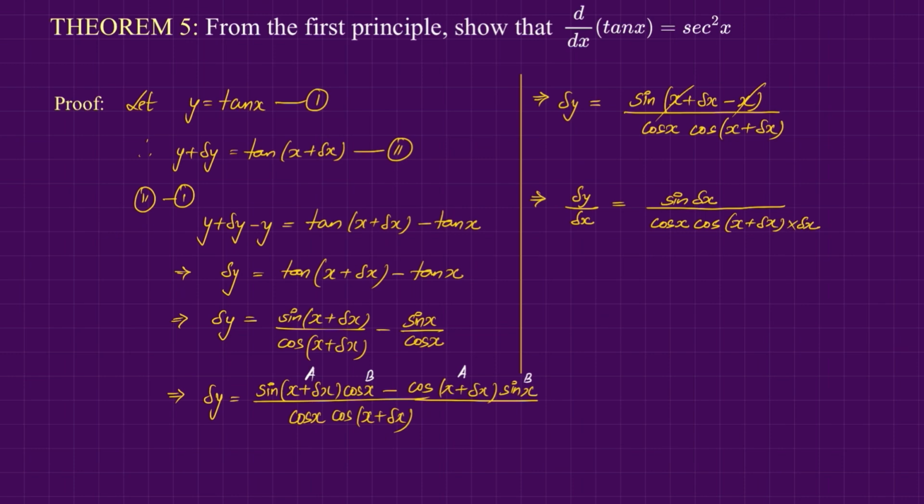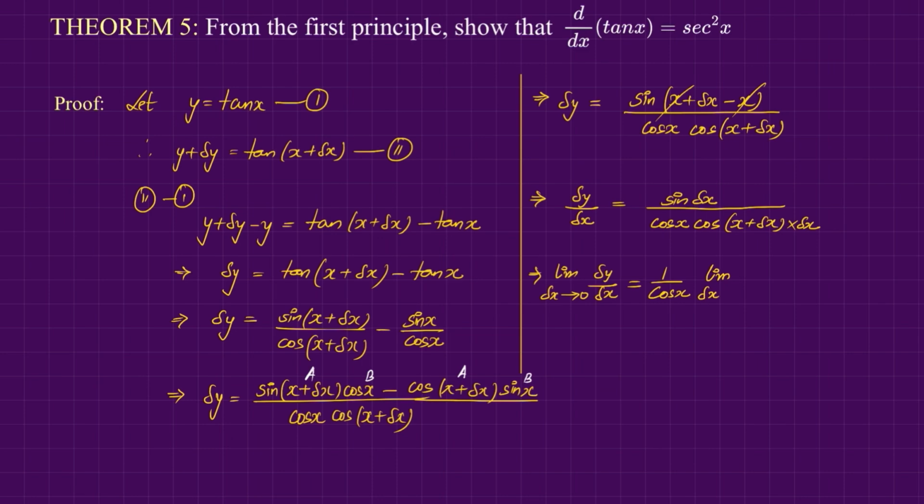Okay, so let us put the limit here. It will be limit delta x tends to 0 of delta y over delta x equals, now if you notice here in the denominator, this cos x is acting as a constant, so let me write this in front. So it will be 1 by cos x, and let me distribute the limit at the same time.